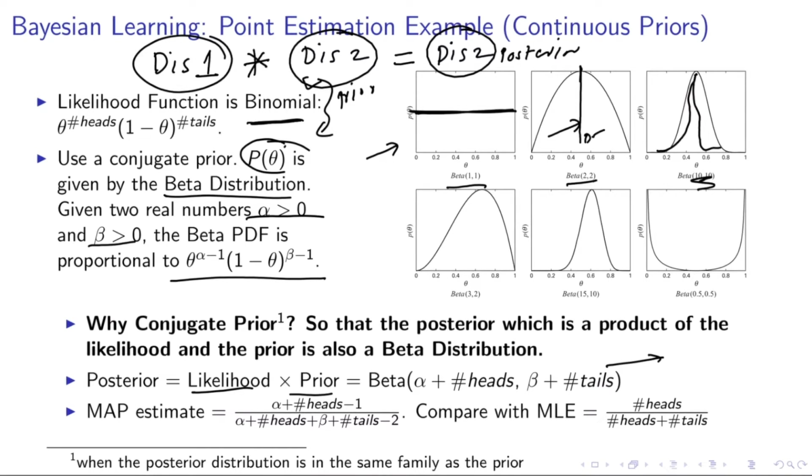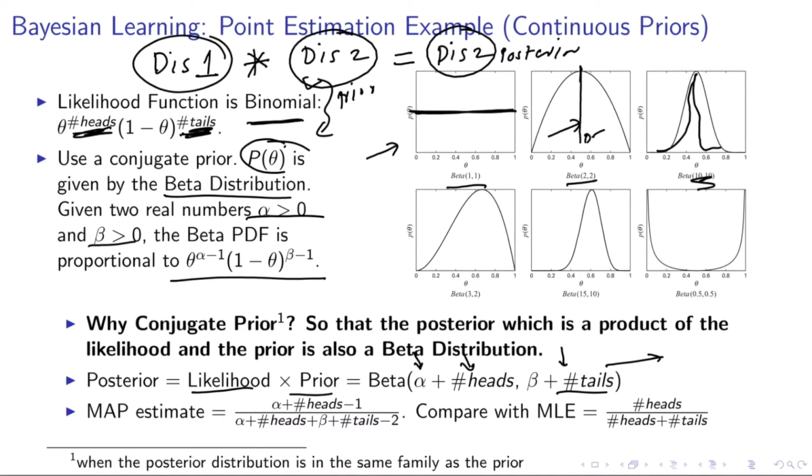Okay, so the posterior distribution is nothing but a beta distribution with alpha, which was the prior parameter, plus the number of heads, and the number of heads comes from the likelihood function. Okay, and the second parameter of the beta distribution is beta plus number of tails, where the number of tails again comes from the likelihood function.